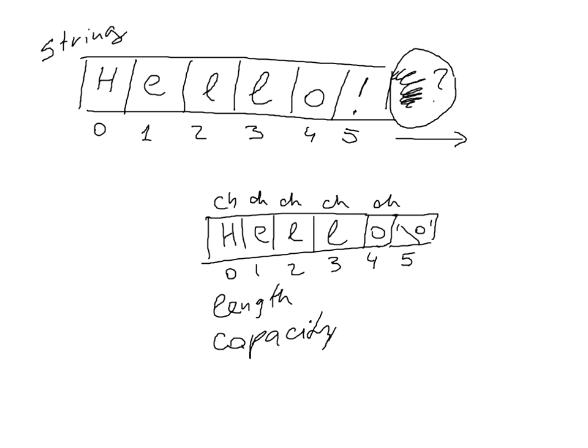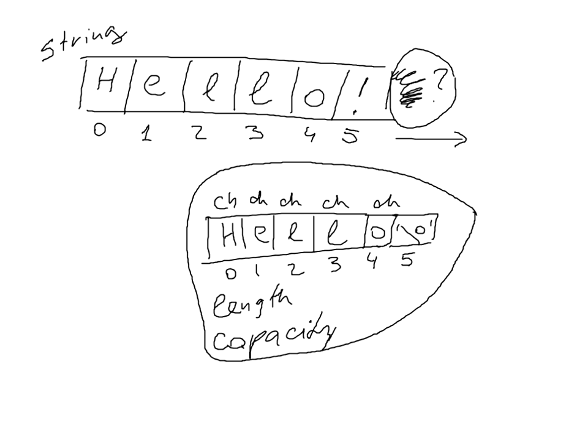So really, when you look at it, we have a character array, and then we have properties of that character array. Now, when you take all this together, that becomes an object. So the object has values and it has properties. And this is what a string looks like, right?